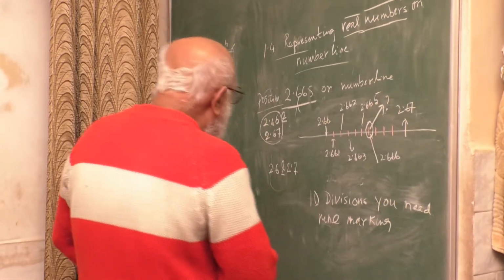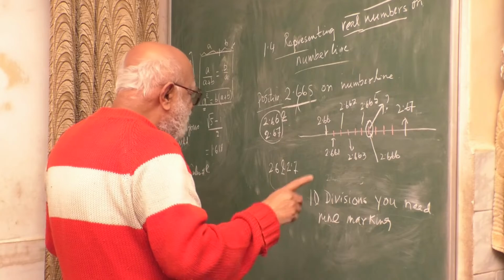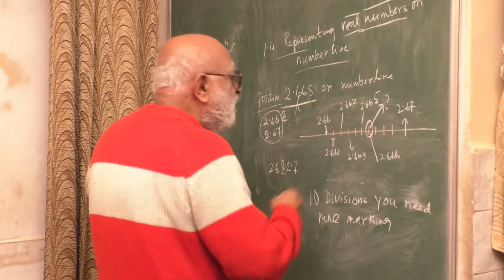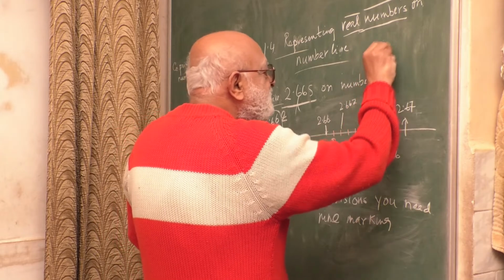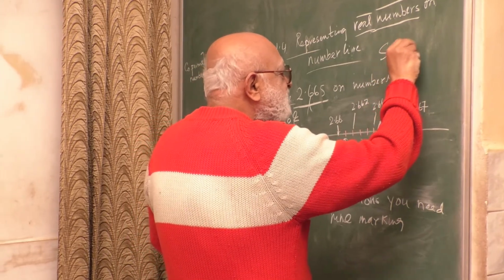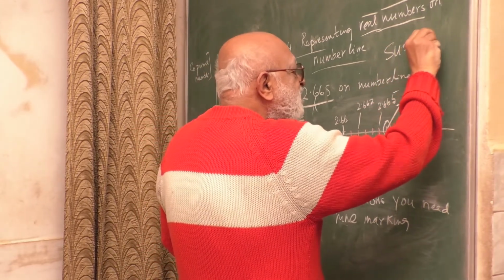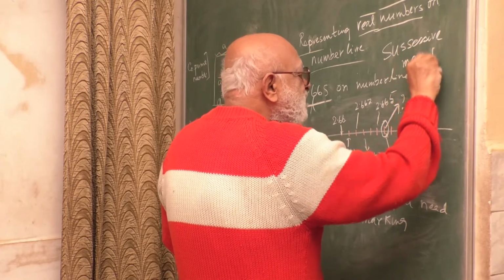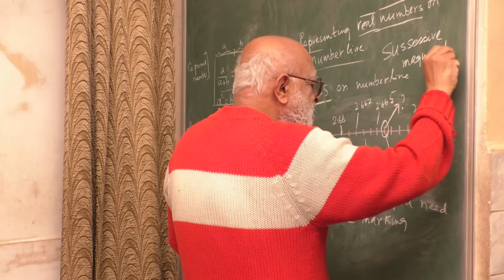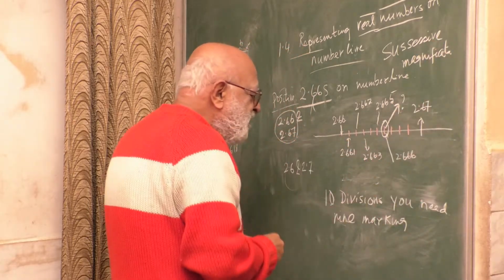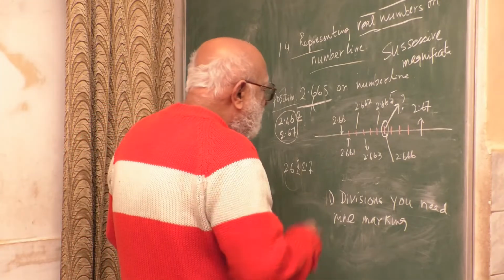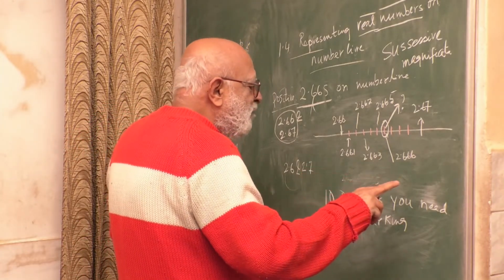So this is called progressive, successive magnification. Okay, so you get it, magnified by so many markings.